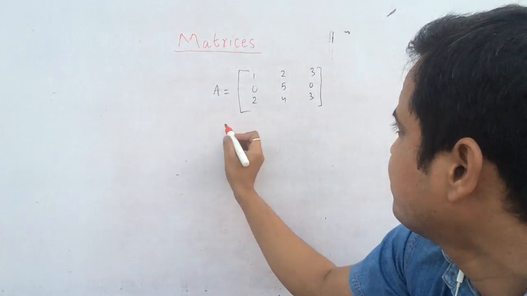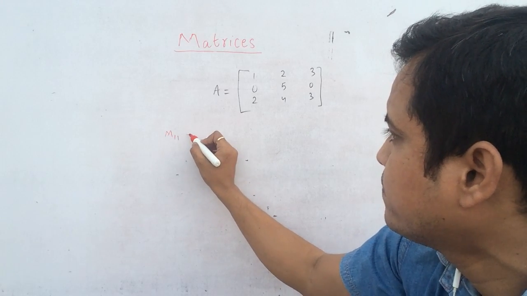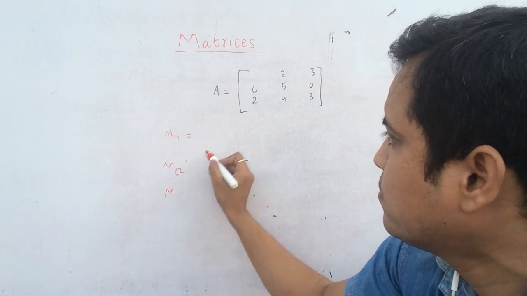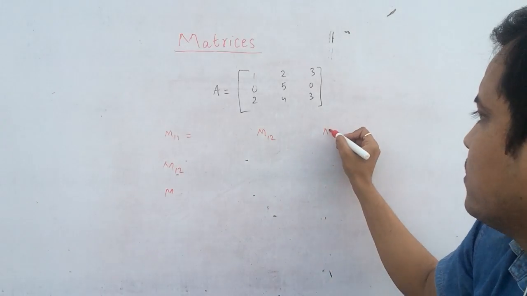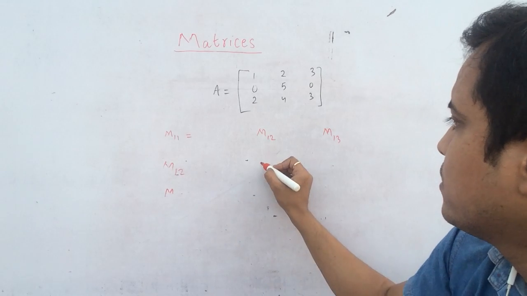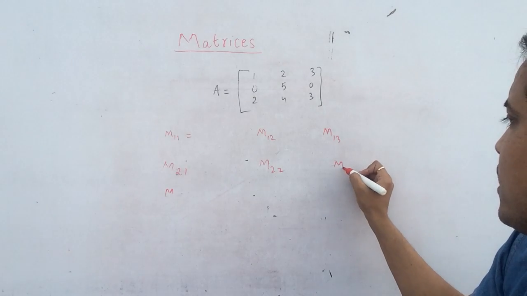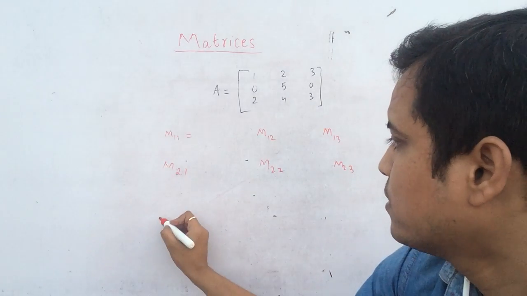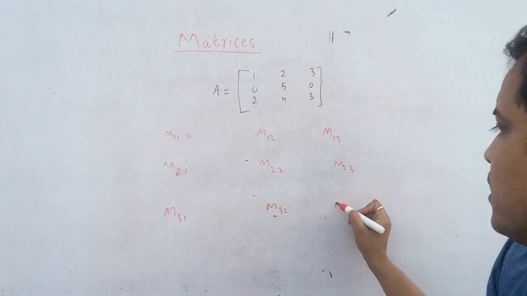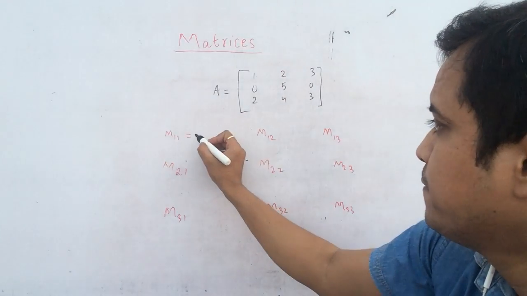So for the minor, you find M11, M12, M13, M21, M22, M23, M31, M32, M33. And how would you get this minor?